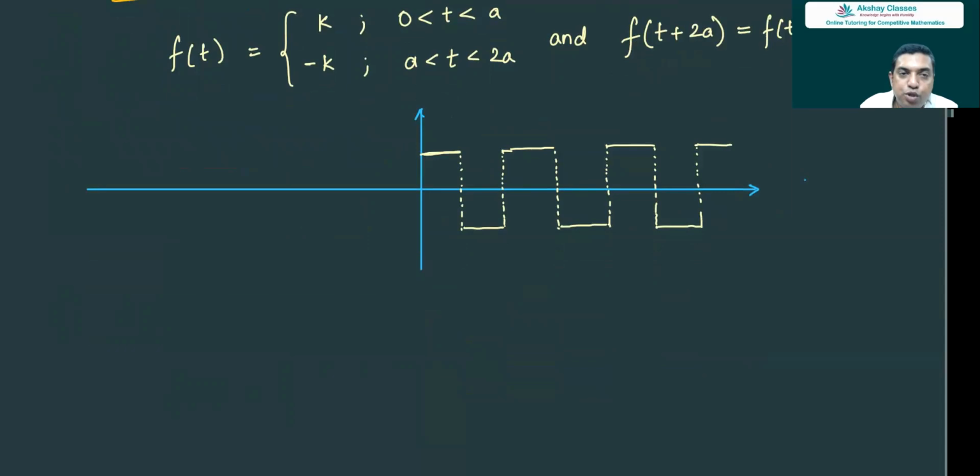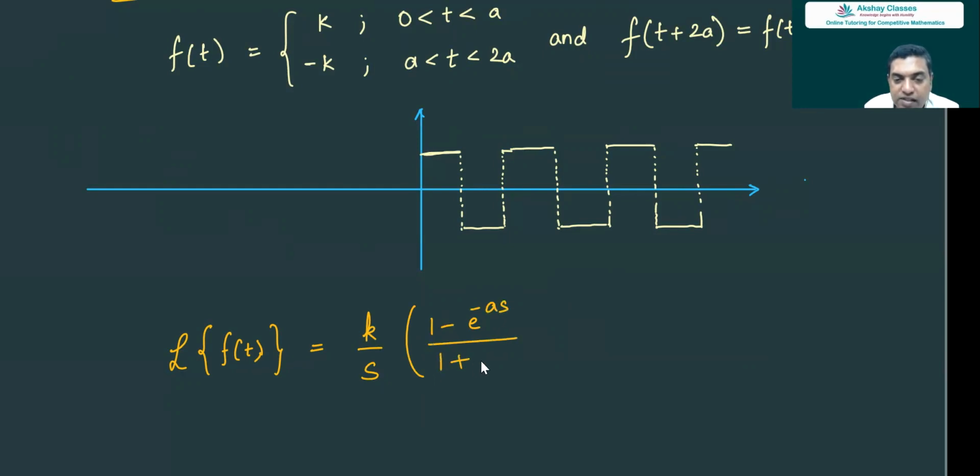Now the solution for this, the Laplace transform of f of t here, is k upon s times 1 minus e power minus as by 1 plus e power minus as.